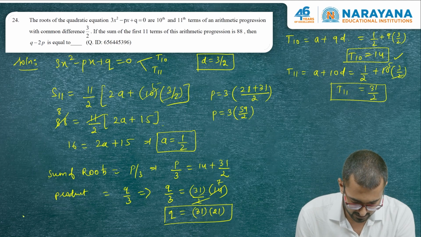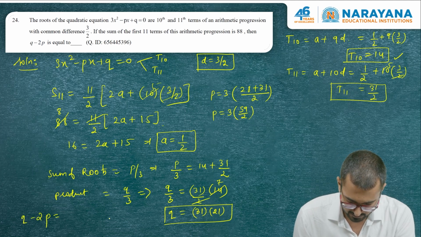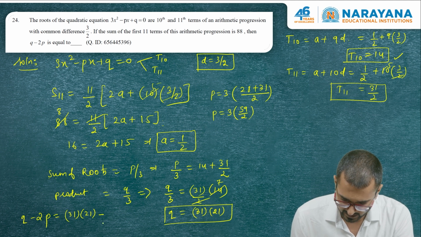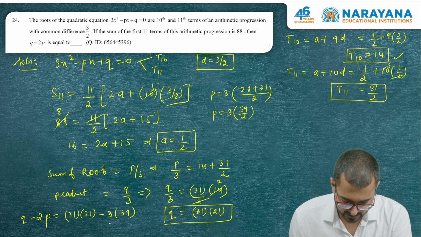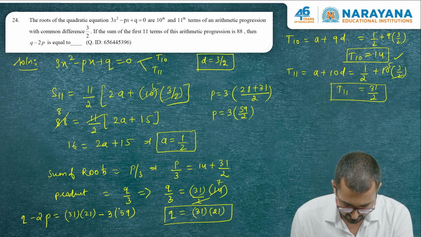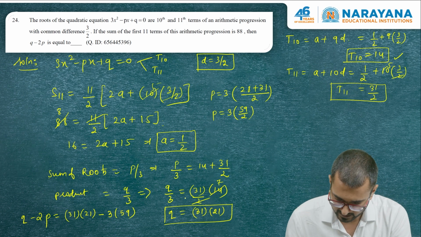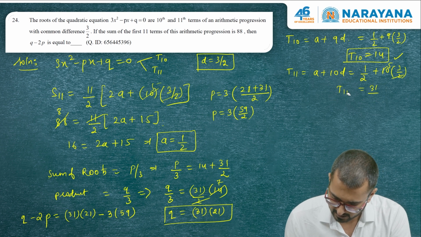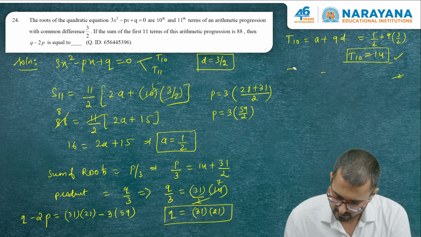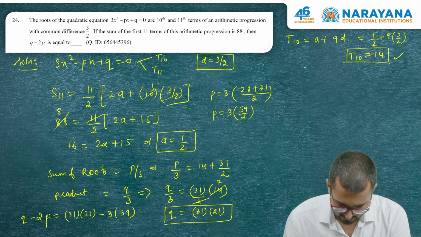Now let's write down. We want q minus 2p. So q is 31 into 21 minus 2p, which is just 3 into 59, as the 2 gets cancelled. Taking 3 common, I'll have 3 into (31 into 7 minus 59).